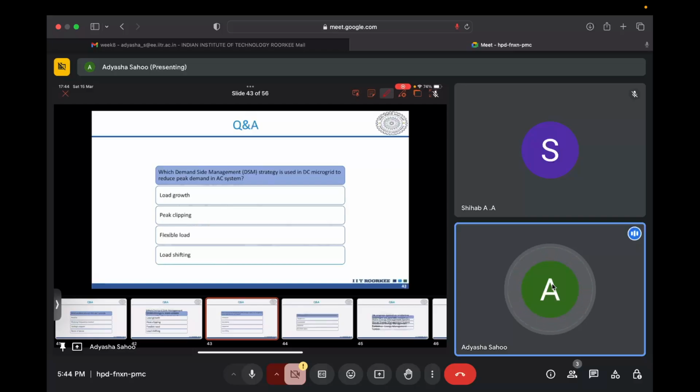Now, which demand side management strategy is used in DC microgrid to reduce the peak demand in AC system?